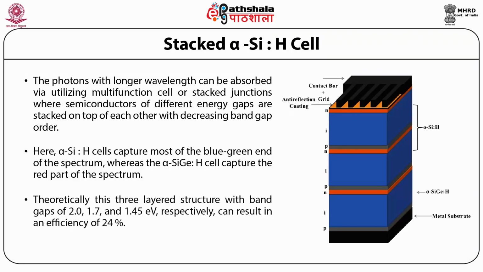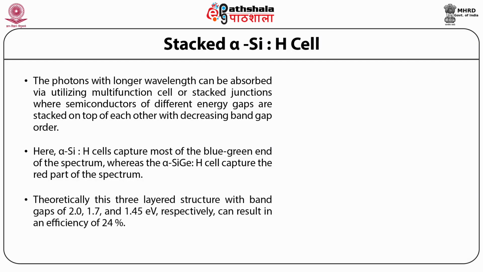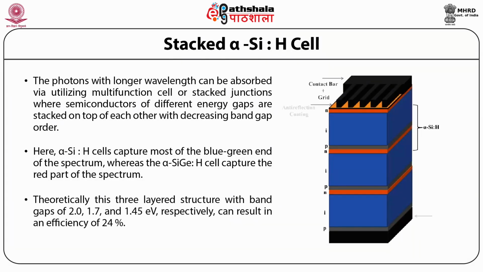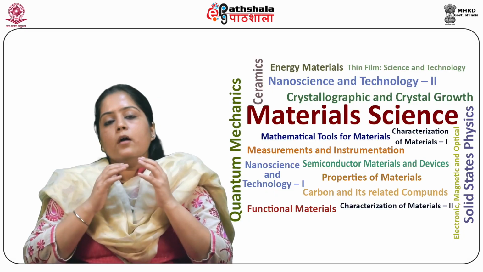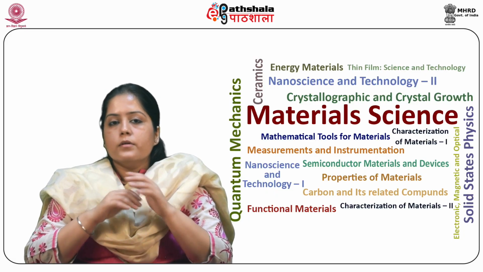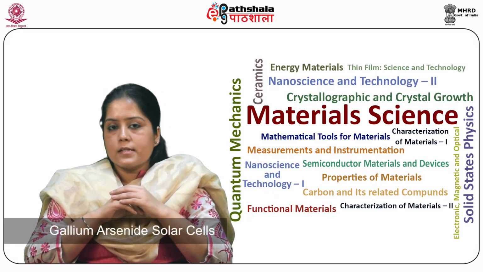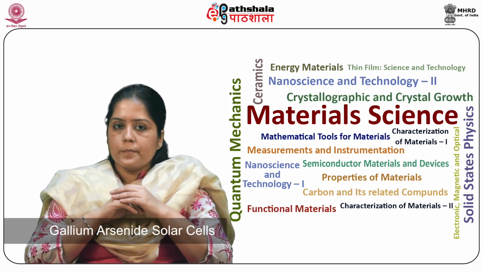Theoretically, this three-layered structure with band gaps of 2, 1.7 and 1.45 electron volts respectively can result in an efficiency of around 24%. Now let us discuss gallium arsenide solar cells.